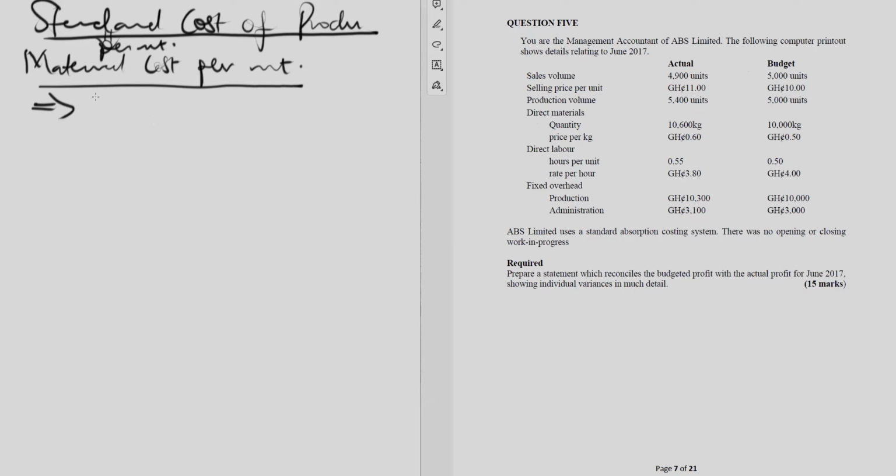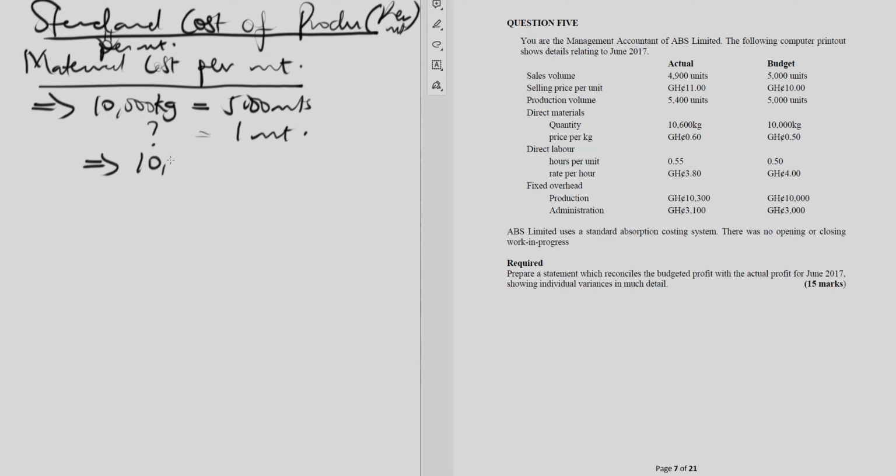We are saying that if 10,000 kg of material were actually used for 5,000 units, then how many kg will be required for 1 unit, because we need the cost of production per unit. We just want one, because for the stock, we need the value of one to multiply all the stock of 500 units. So in that case, how many quantities of material would we get then? You get it. So you have to what?